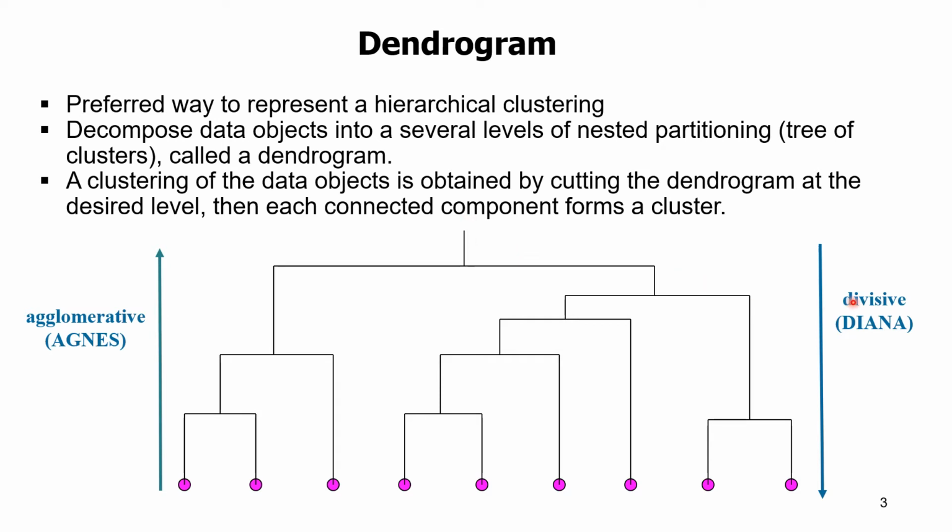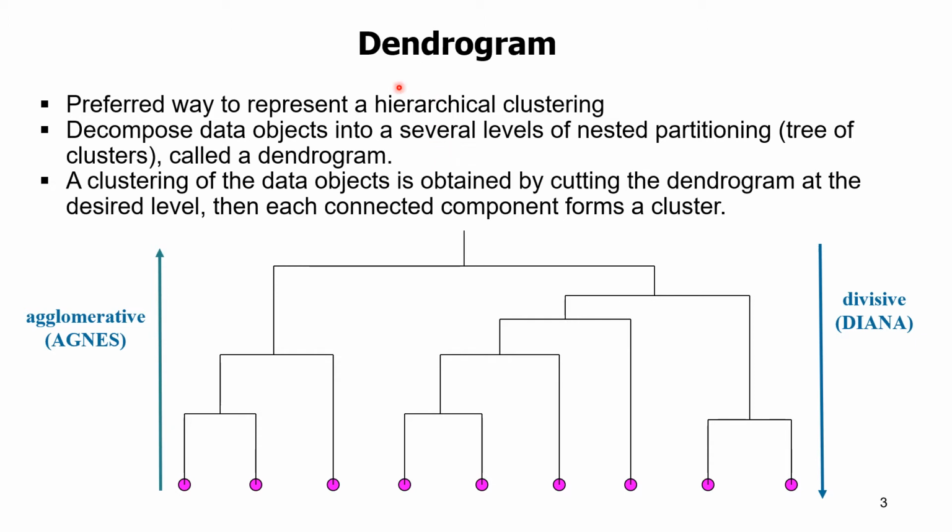Divisive clustering goes the other way. You start with one big cluster, and you keep dividing it into subclusters, all the way down here, and at the end, each cluster has only one data point. That's divisive clustering.